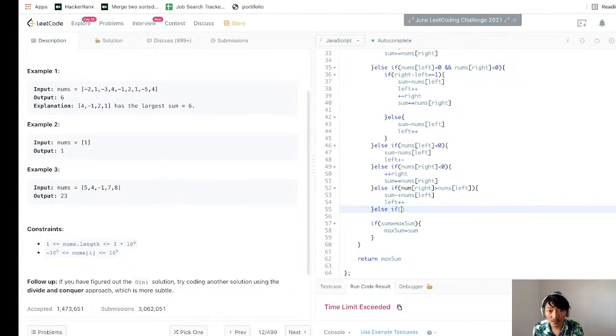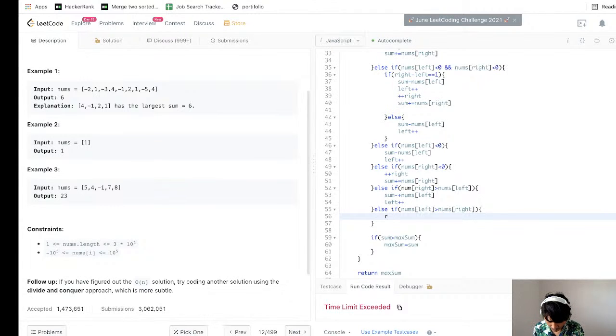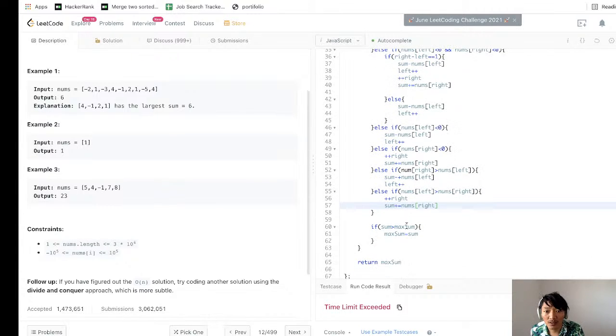Else if nums of left is greater than nums of right, then what we need to do is plus plus right, and sum equals nums of right, and that's it.